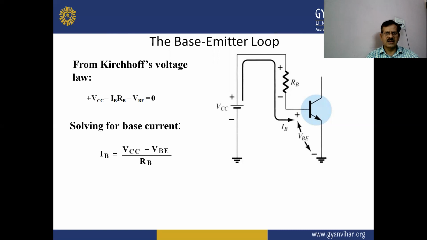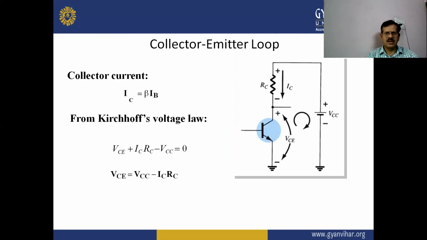So this is the base current IB. And next is the collector-emitter loop, that is the outside of the circuit. So collector current IC equal to beta IB. From Kirchhoff voltage law, we applied the Kirchhoff voltage law at this outer circuit.